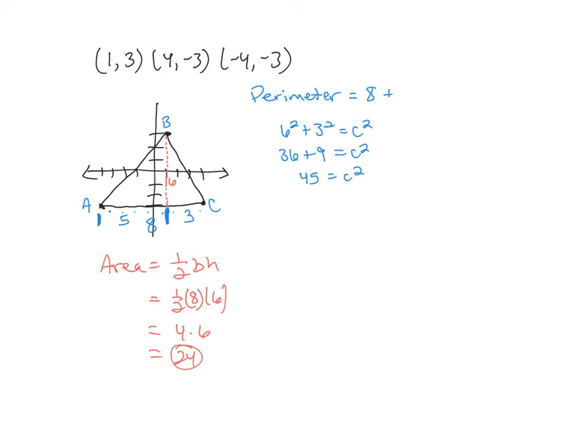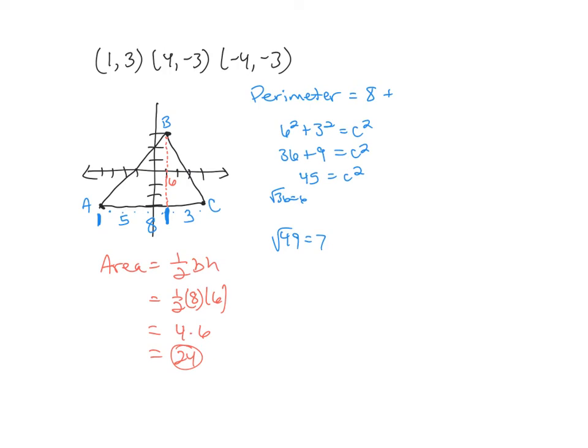So to estimate the square root of 45, if you wanted to just use a calculator, that's fine. But you could do, like I kind of suggested, square root of 49 is 7, square root of 36 is 6, so 45 is probably in that 7, or 6.